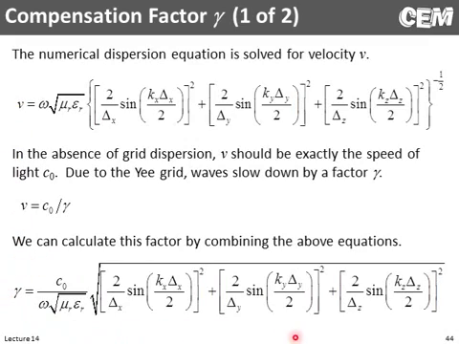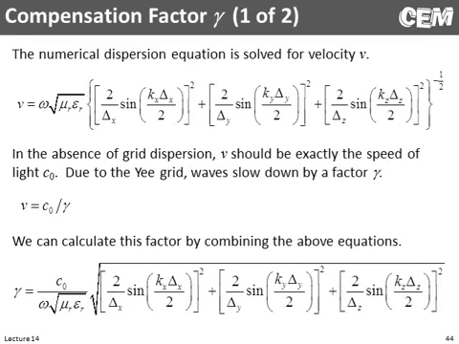So here we actually have an equation to calculate that constant, which is sort of like the refractive index of the medium, and we can figure out how much the wave is going to artificially slow down. We would like gamma to be 1, but it's going to be more like 1.01, and it's going to slow the wave down just a little bit.